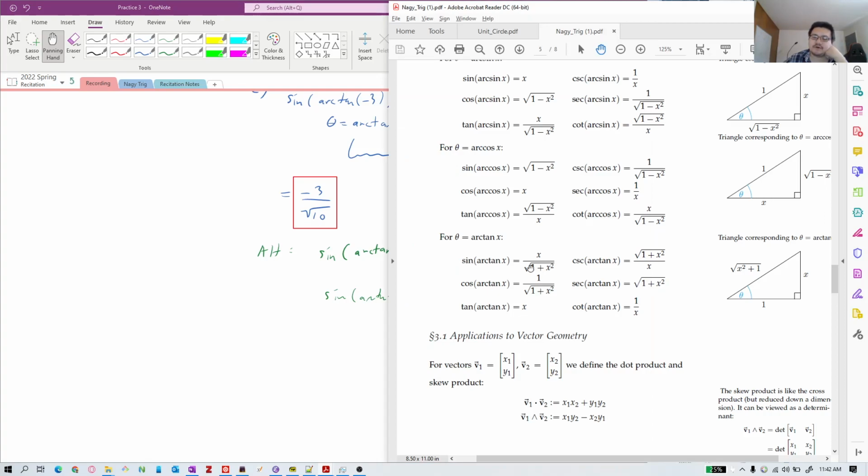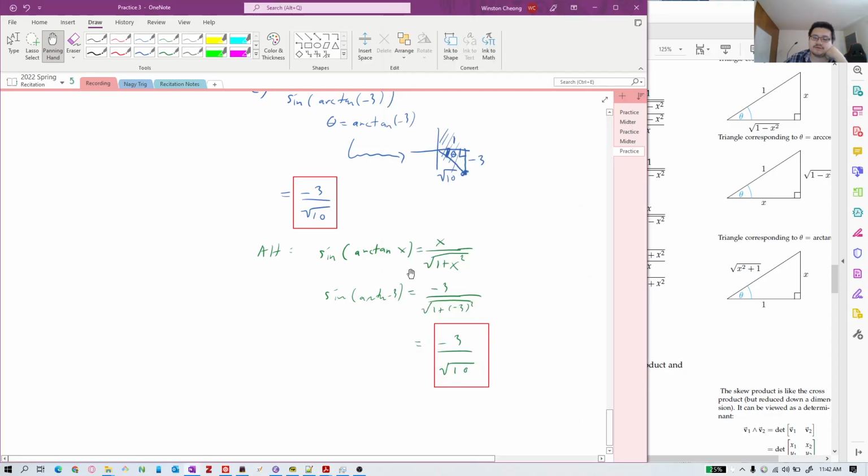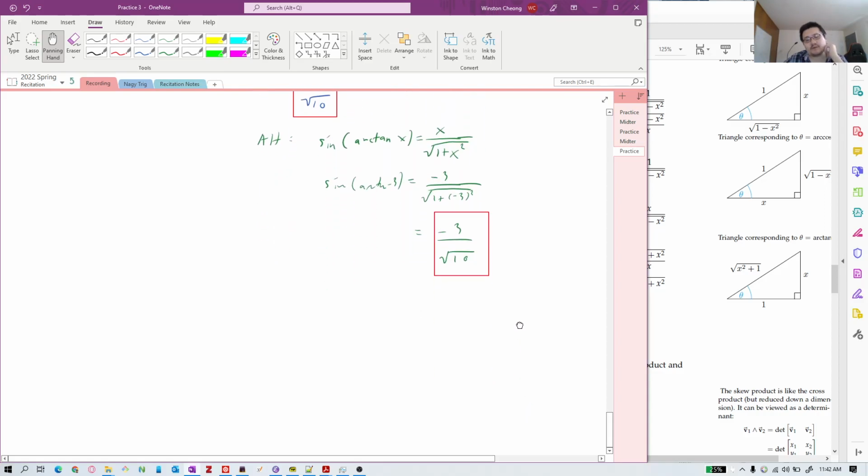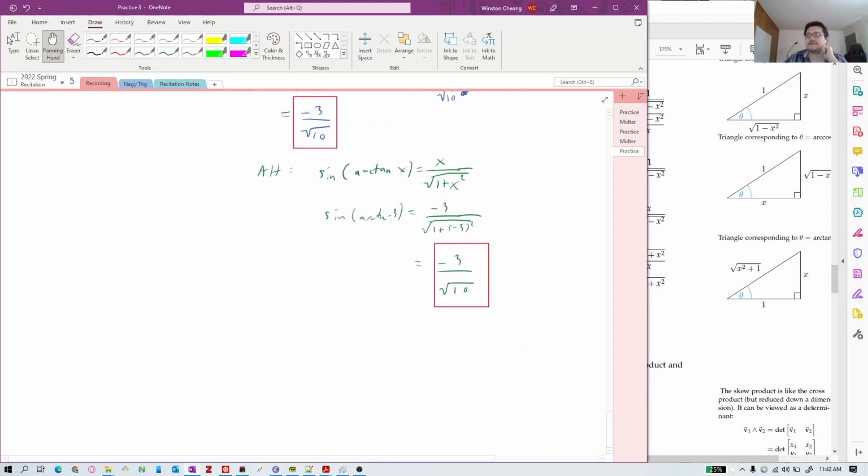So sine of arctan is this formula here. So you write it down, and then you evaluate at x equals minus 3, and then you simplify it, because you should definitely do that. Okay, and so you get the same answer, which is good. All right, that's it.